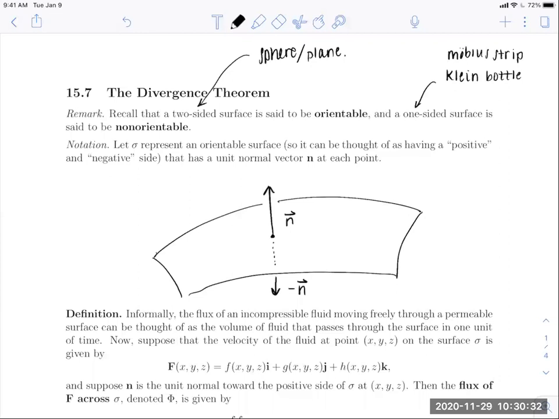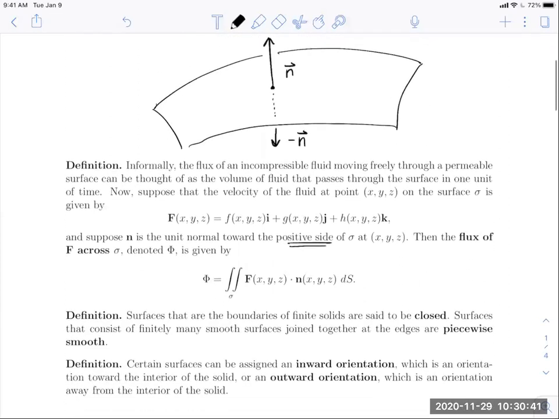And suppose that n is the unit normal toward the positive side of sigma. So I'm emphasizing their positive. Then the flux of F across sigma, denoted with the Greek letter capital phi, is given by phi equals the surface integral over sigma of F dot n dS.